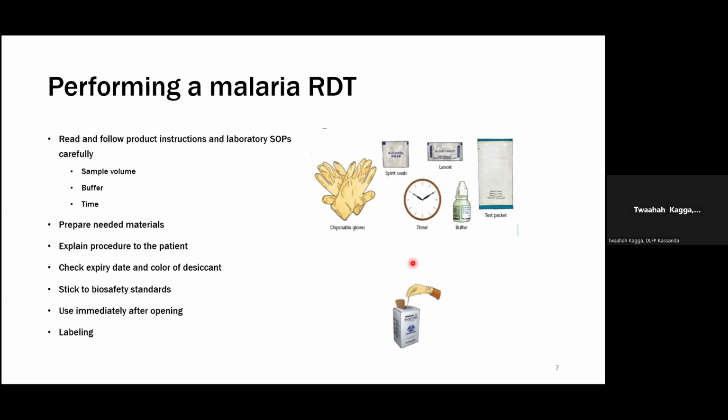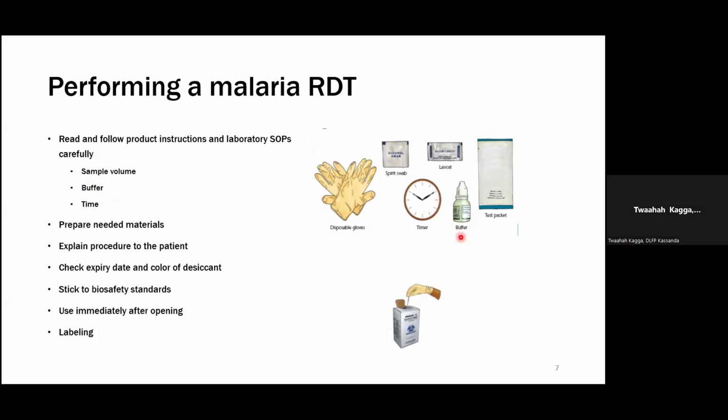Now, we need to discuss a little more on how to perform malaria RDTs. We shall not go through the SOPs step by step, but there are a few points that need emphasis. The first point is reading and following the product instructions and the lab SOPs carefully. The points to consider here are the sample volume, how much volume is required for that specific RDT, and the buffer.